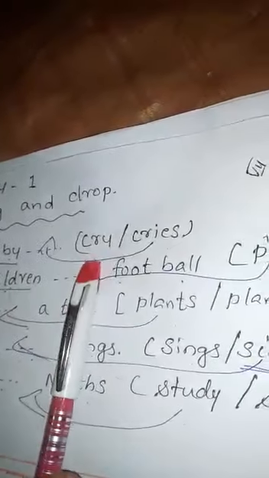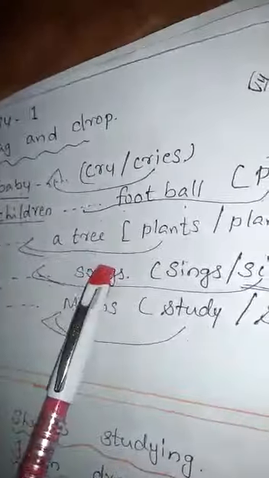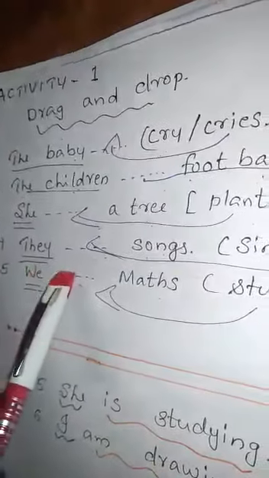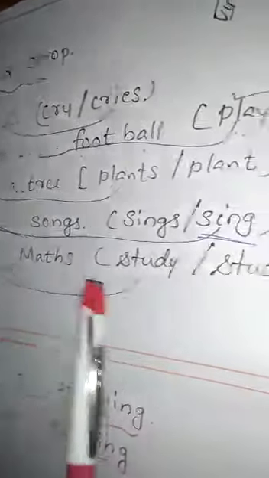The baby dash, cry or cries. The children dash football, play or plays. She dash a tree, plants or plant. Fourth one, they dash songs, sings or sing. We dash makes, study or studies.